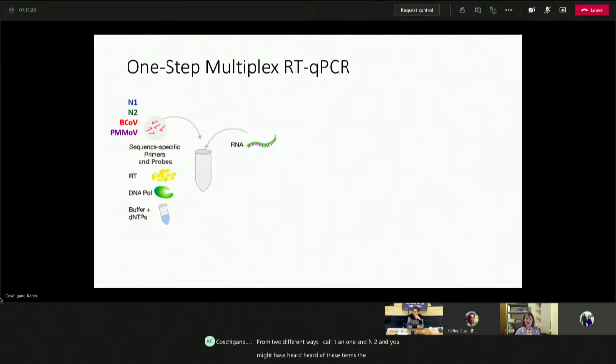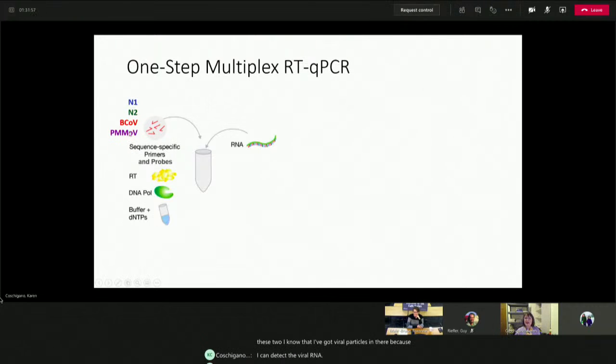The CDC actually pioneered the assay for this and developed the sequences, the primers and the probes, so that we can do these assays. And I've been using what the CDC developed for this part. So when I detect these 2, N1 and N2, I know that I've got viral particles in there because I can detect the viral RNA.